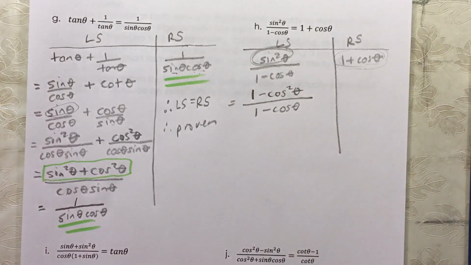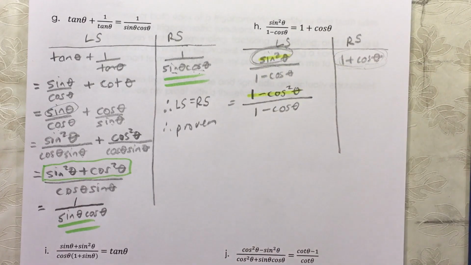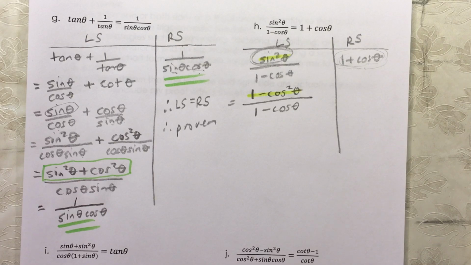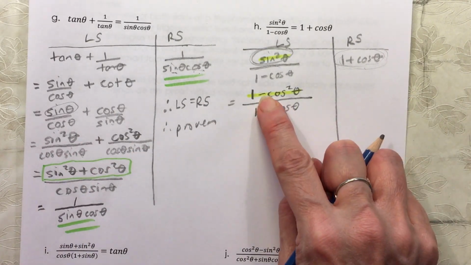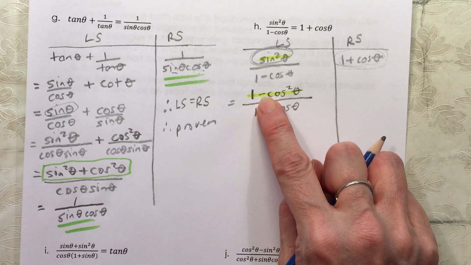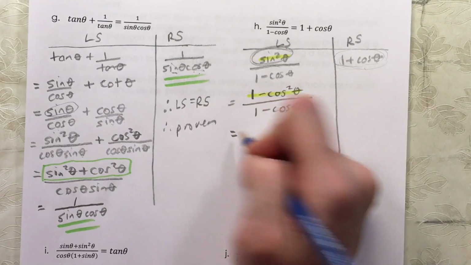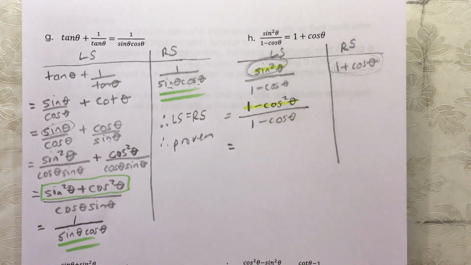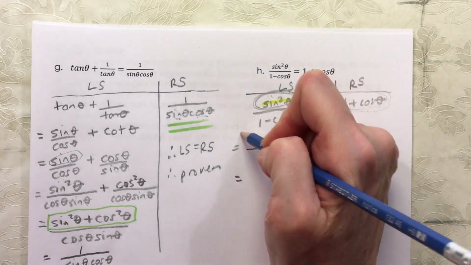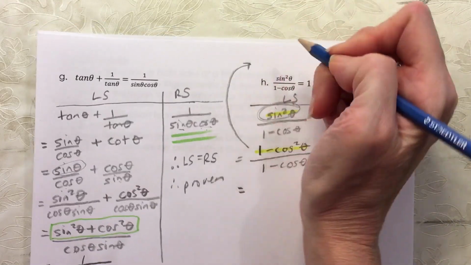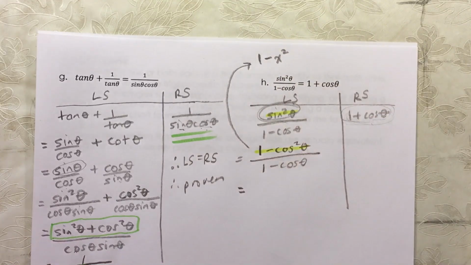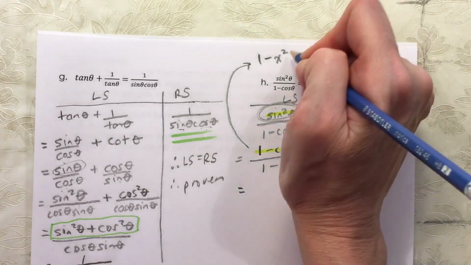Okay, so what we did is we rewrote sine squared theta as 1 minus cos squared theta. And again, it's tempting to think that we could do some kind of canceling here, but we can't because of the subtraction sign. But 1 minus cos squared theta, we can think of as being similar to having 1 minus x squared, 1 minus something squared, or a difference of squares.